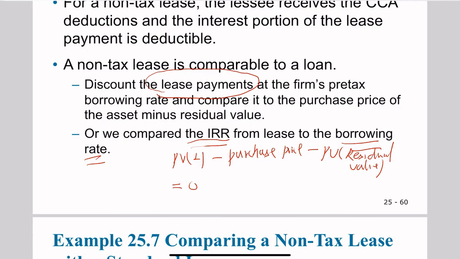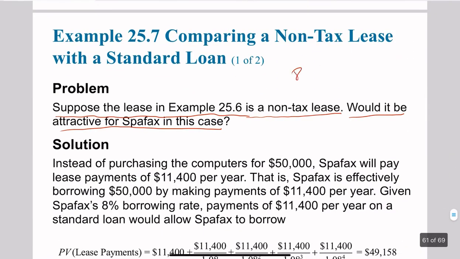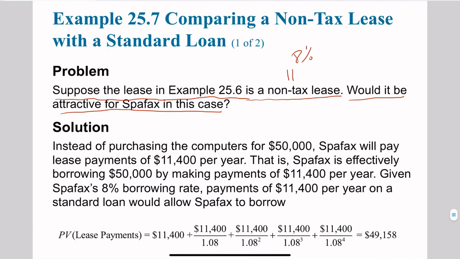And then the second method, we will calculate the internal rate of return and we will compare the IRR with the borrowing rate. Remember, the pre-tax borrowing rate is always 8%. And the lease payment is $11,400 per year.